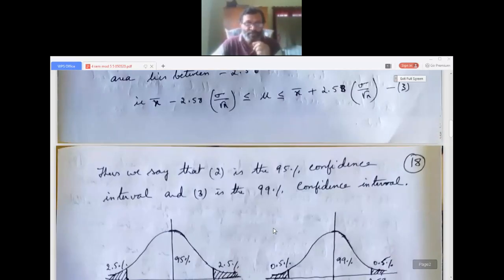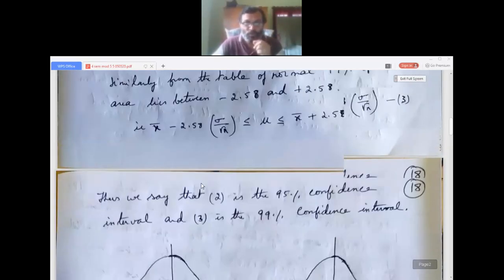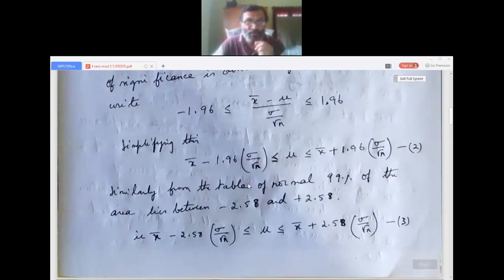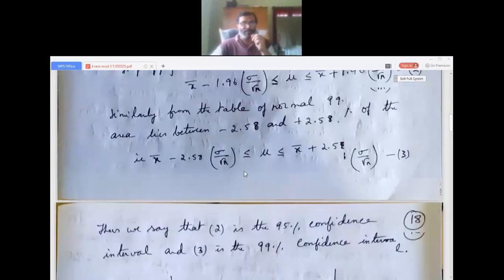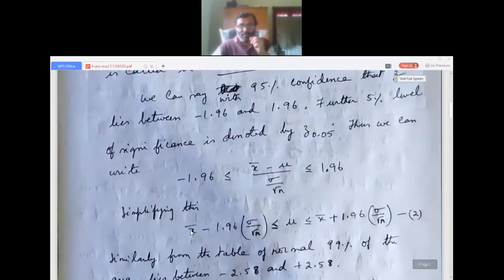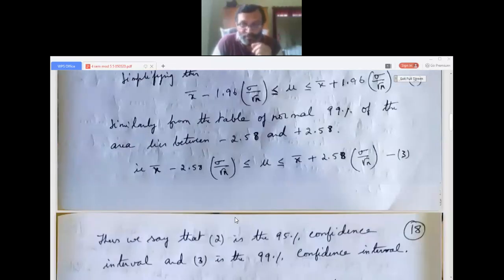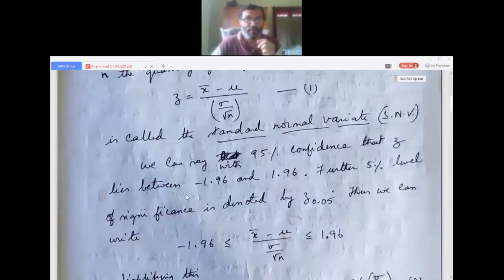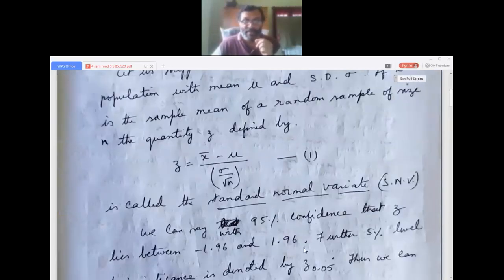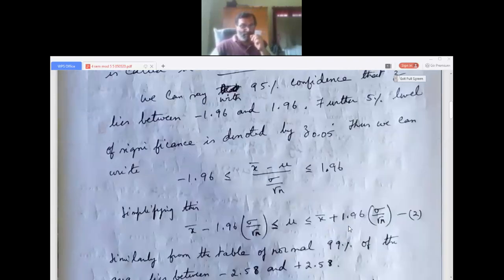That is taken as equation 3. Now we say that equation 2 is the 95% confidence interval and equation 3 is the 99% confidence interval. Remember, this is an interval now; mu lies between these two. Equation 2 is the 95% confidence interval, so we can say with 95% confidence that z lies between minus 1.96 and plus 1.96.